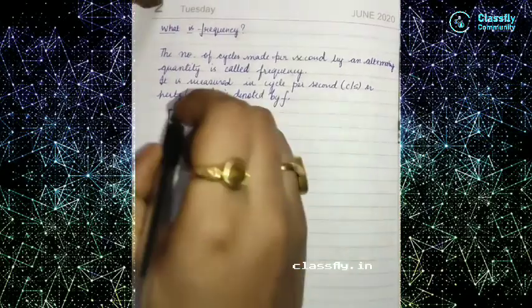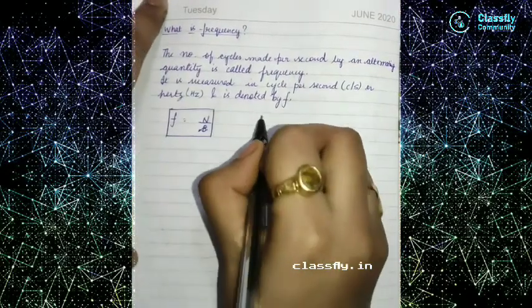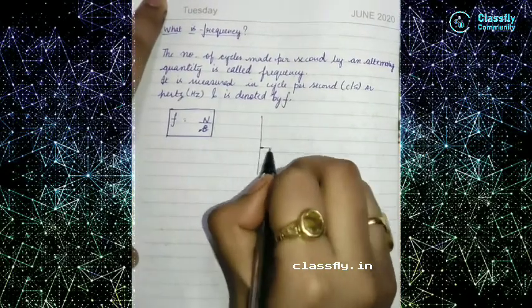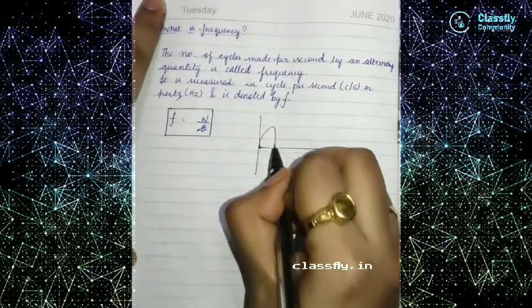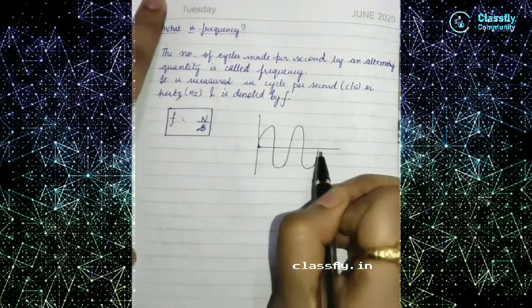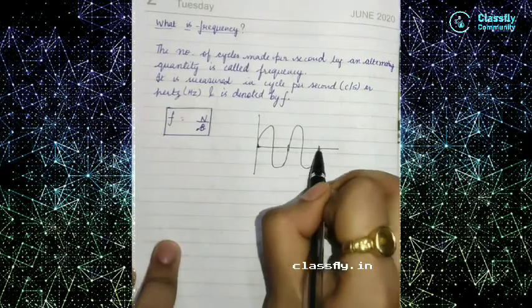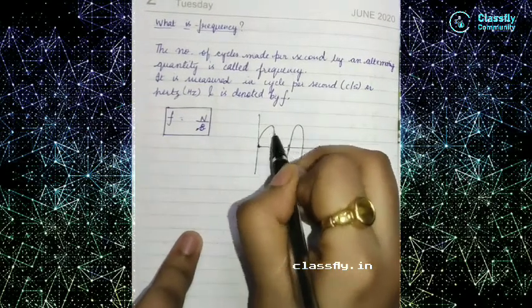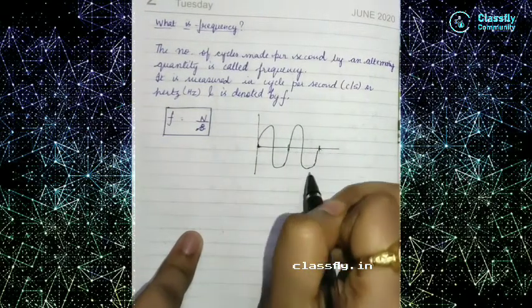So as I told, frequency is the number of cycles made per second. If I make a waveform 1, 2, so these are 2 full cycles, 1 cycle, 2 cycle.